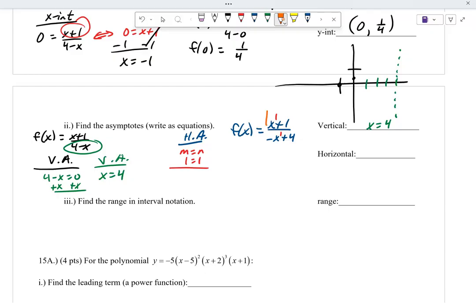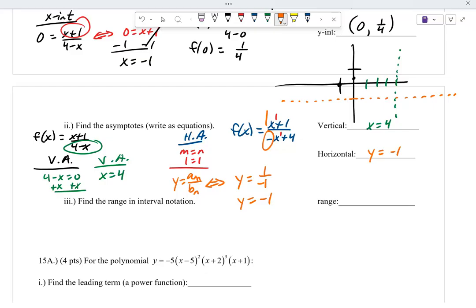Well, the leading coefficients are 1 over negative 1. It's a to the m over b to the n, or whatever our coefficients were when we wrote those rules. So y equals negative 1 would be our horizontal asymptote. So I'm going to go ahead and draw that. I know we don't have to graph this, of course, but it's kind of nice to make it visual. So y equals negative 1.